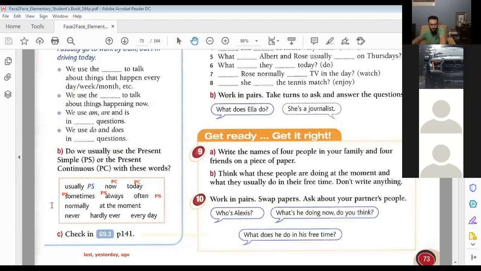What about at the moment? Present continuous. Yes, because you're talking about something now, right? What about never? Not past, Hannah. Present simple. Yes. Hardly ever. Present simple. Yes. Correct. Every day. Simple.